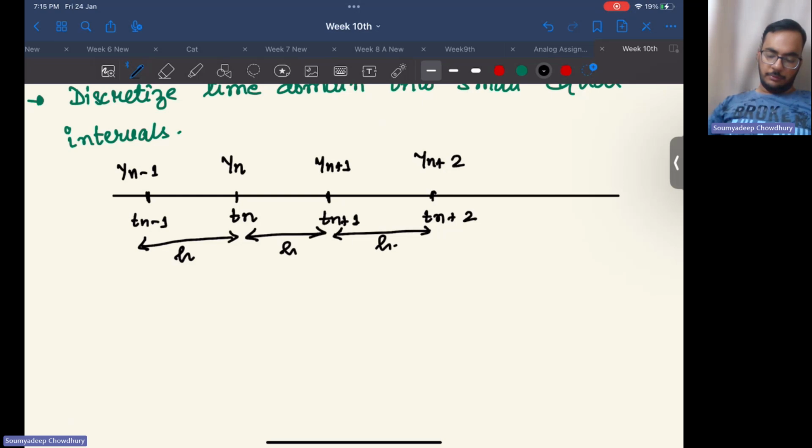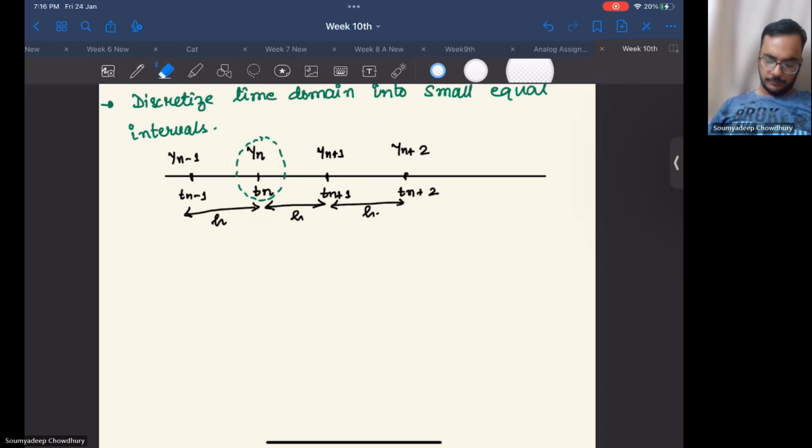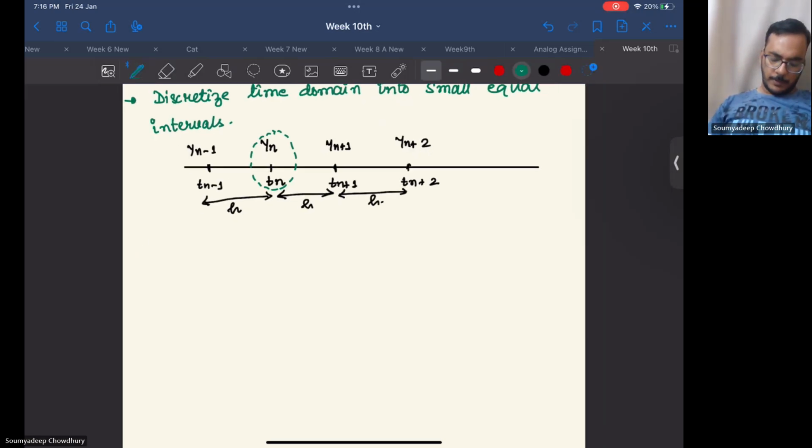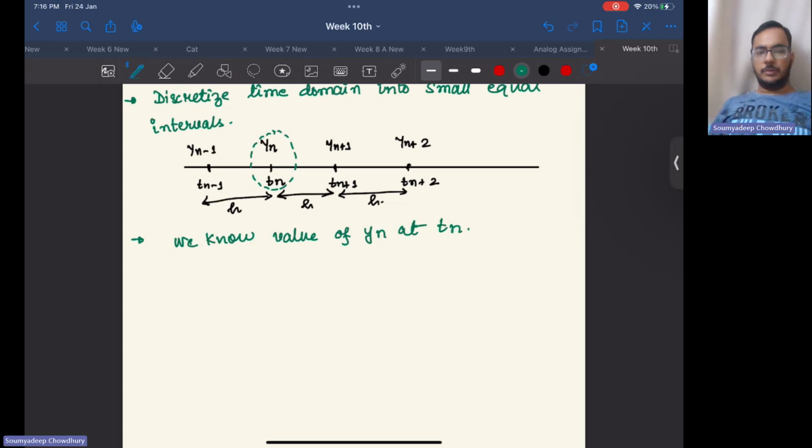So suppose we are given one value of y at a known value of t. Suppose we know the value of yn at tn, right?